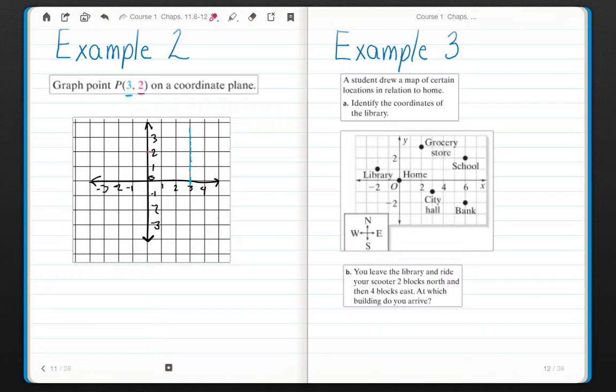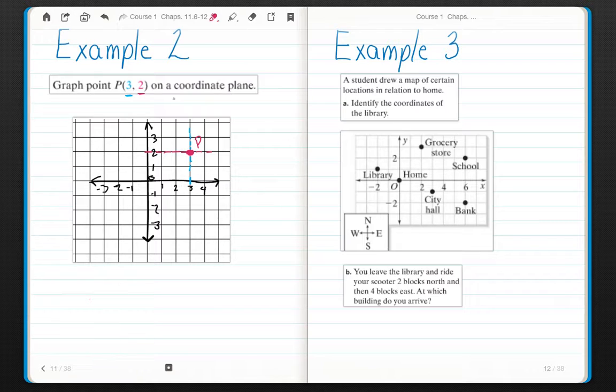So I'm going to cross my y value here at 2, and I'm going to head this way, and I want to see where the two intersect. They intersect right here on this corner. So I'm going to draw a point, and we call that point P, so I'm going to go ahead and label that P.